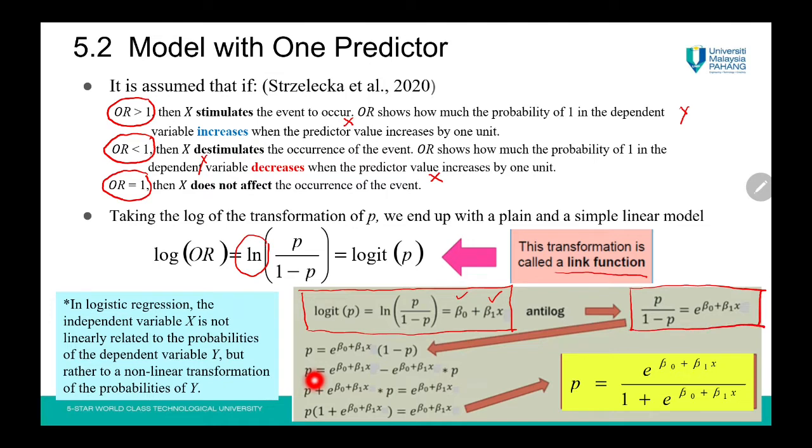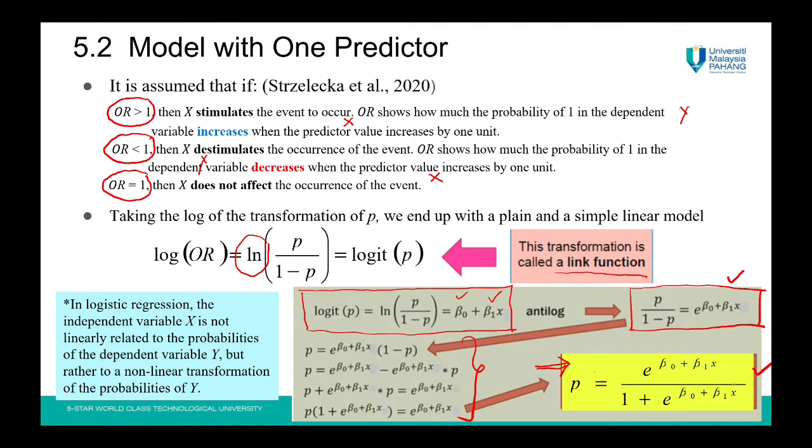By manipulating and modifying this equation, as given here, we can get the logistic regression model, that is P equals e to the power of beta naught plus beta 1 X over 1 plus e to the power of beta naught plus beta 1 X. Remember that this model is known as the logistic regression model.